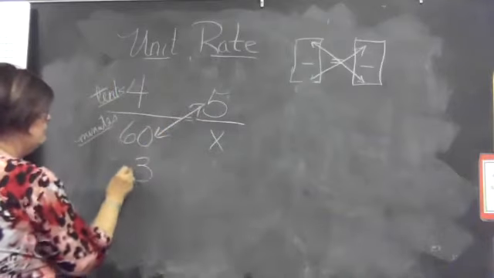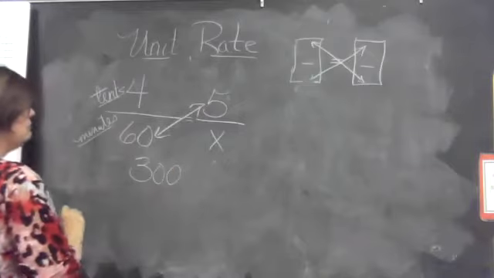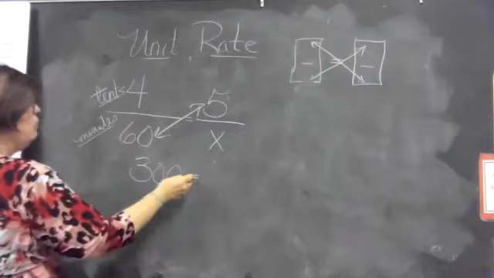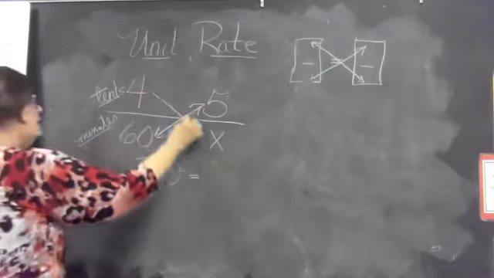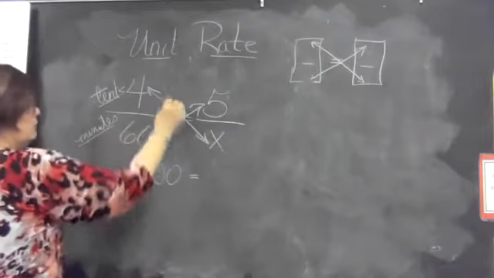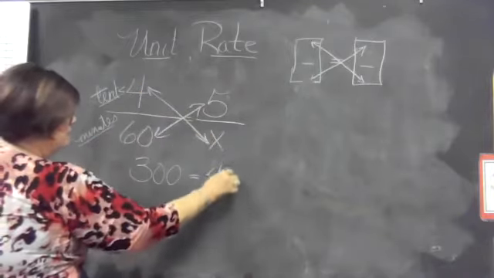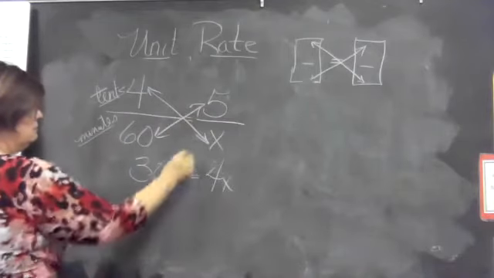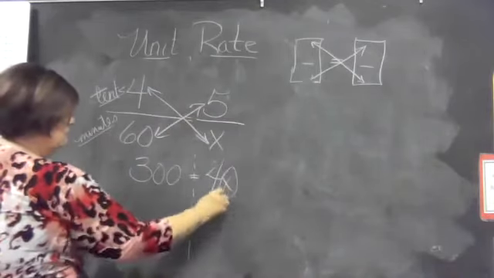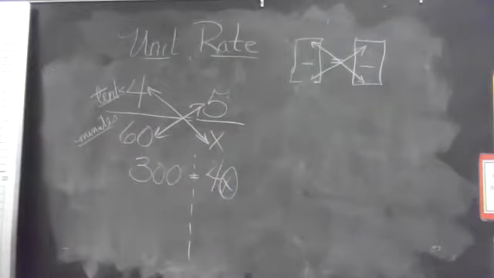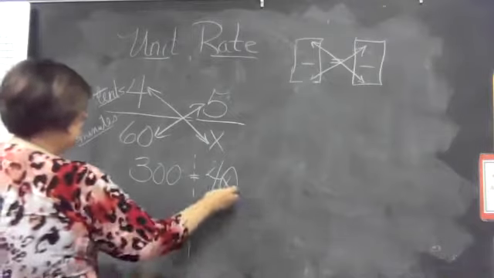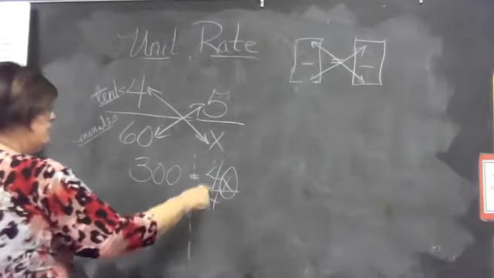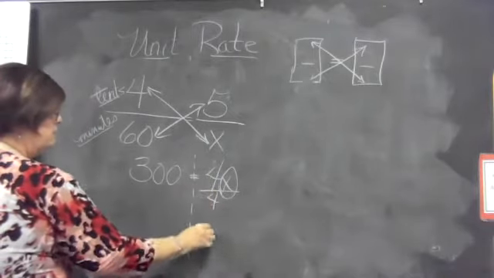Let's say 60 times 5 is 300, equals whatever I get going the other way, 4 times X. So in order to find out what X is, what do I need to do? Divide by 4. Because I need to get rid of this to put the X by itself.